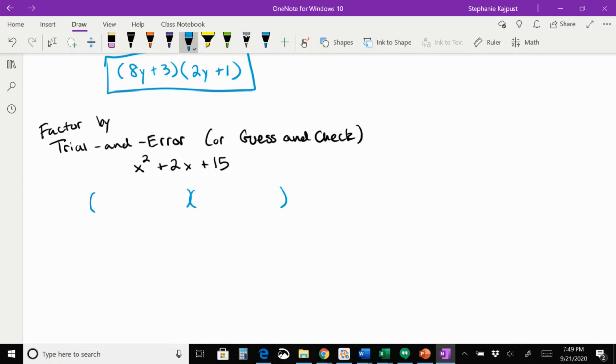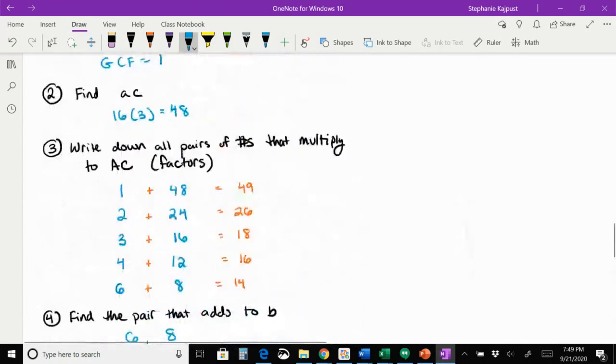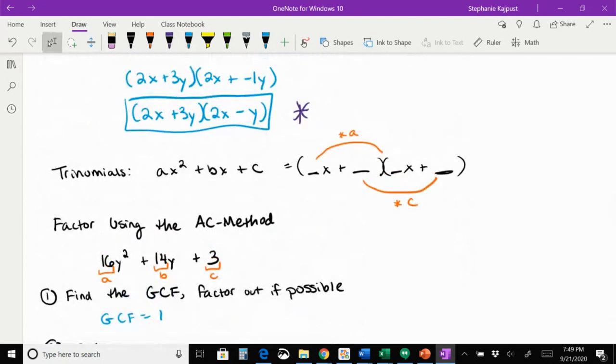And with guess and check, with no number in front of the x squared, you know that you have to have an x in front of each term, because x times x gets you x squared. So this is going back up to this on the right, where the first parts multiply to a, the last parts multiply to c, and then we need to add to some combination in the middle.